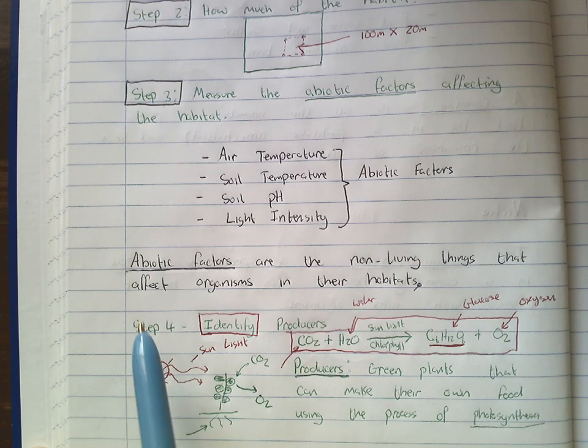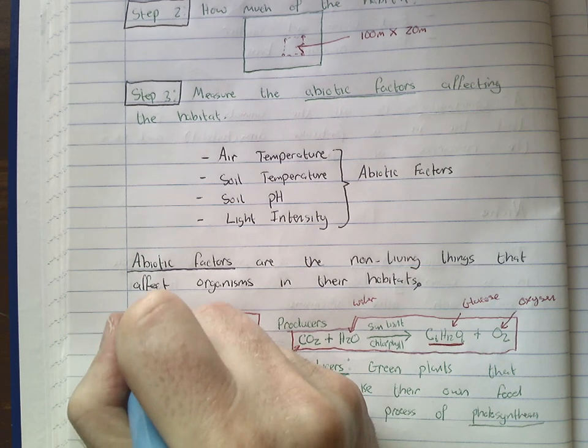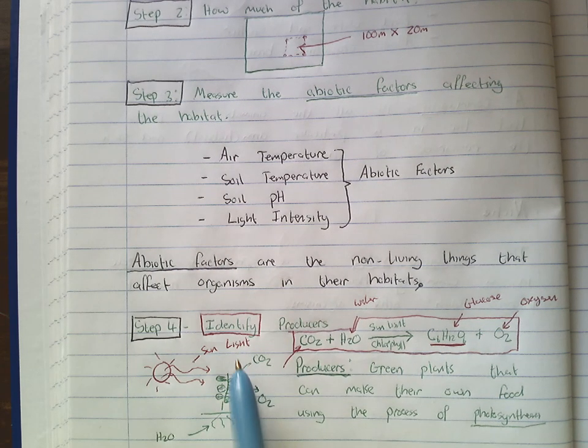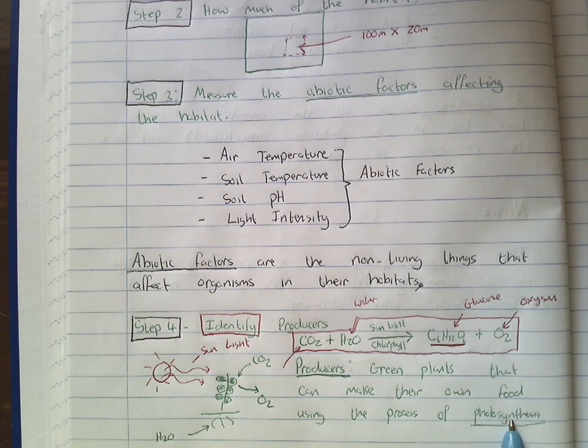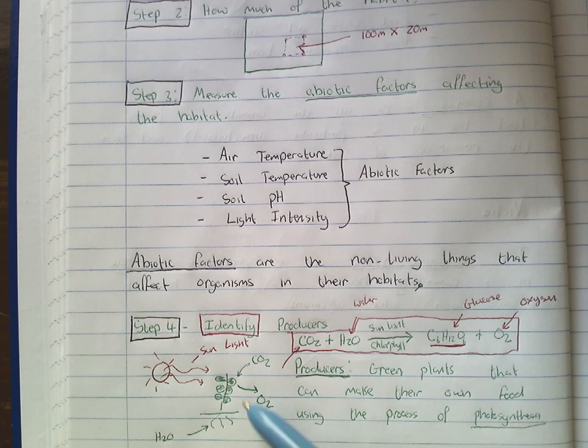In this lesson we looked at step 4 in our study of a habitat. Step 4 is identifying these things called producers. Producers are green plants that can make their own food using the process of photosynthesis, so any green plants. If we identify the green plants or producers within our habitat, then we can use keys to further drill down and identify the specific species of plant that you're looking at.